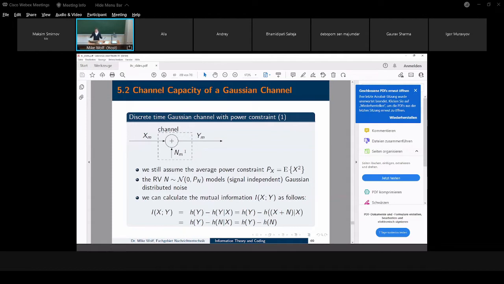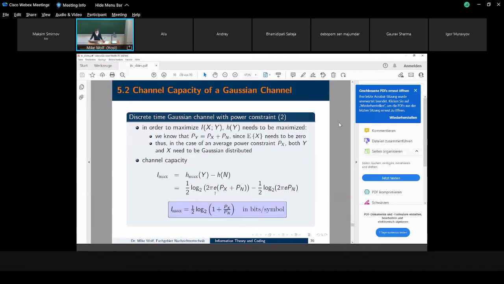Only if you have very long sequences, which means basically very long code words, you can really end up in a situation where you can extract message bits with an arbitrarily low error rate at the receiver after decoding. This is our model, and we ended up with this expression.